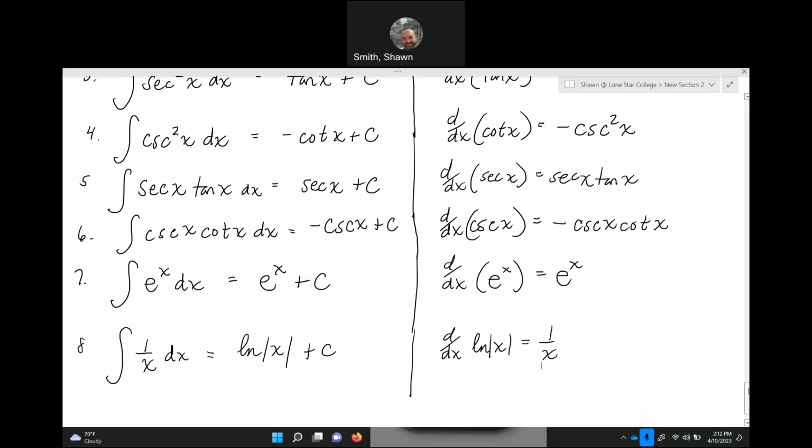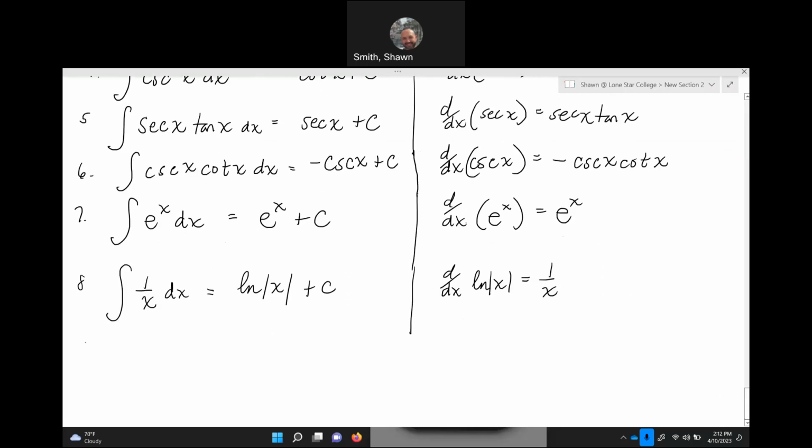Our inverse trig functions. One over the square root of 1 minus x squared dx.